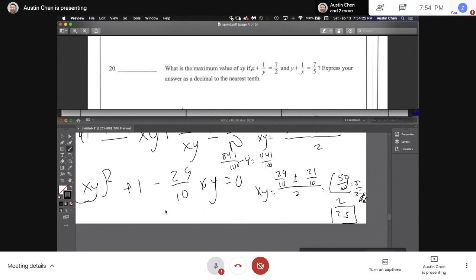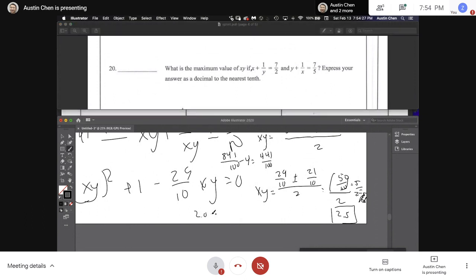If you get a long decimal, which should be pretty uncommon, like 2.0345, and it asks for the nearest tenth, I guess you can go with 2.0. But in this case, okay, I guess this is fine.